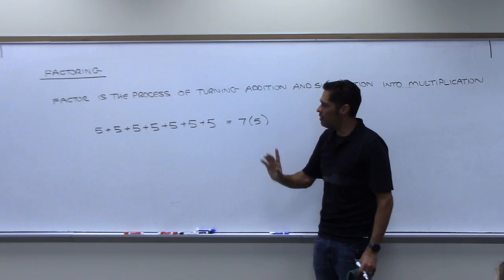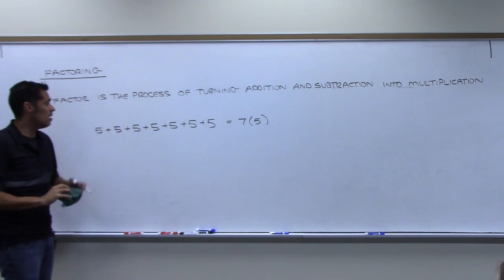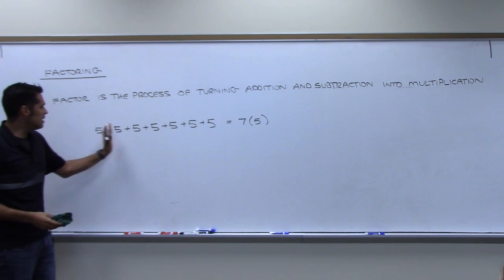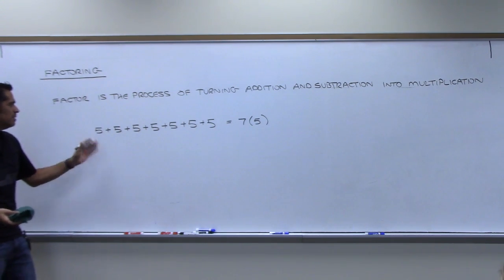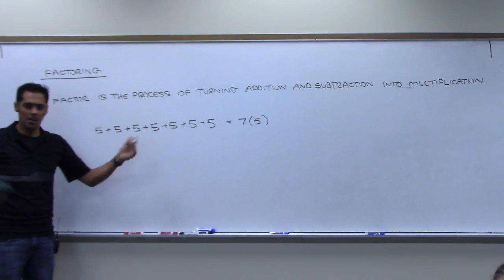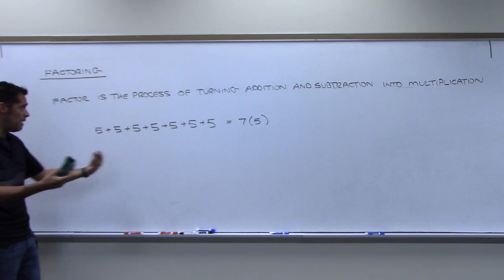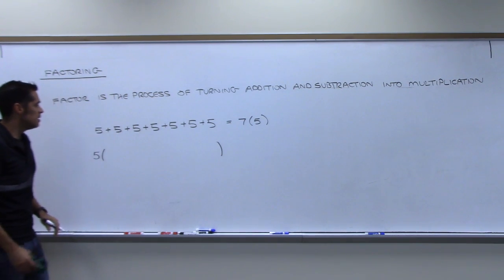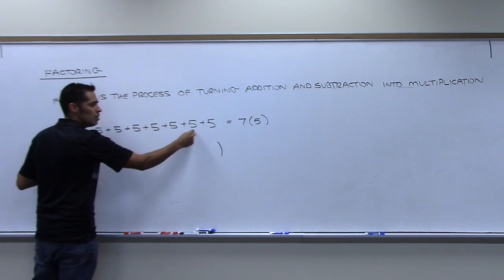Another way we could have done that, and this lies more in line with what we're about to talk about, is I could see that these all have something in common, right? What do these all have in common? It's kind of obvious, but they're all 5s, right? So I could factor out a 5, and then I could put a set of parentheses, and then ask myself how I could recreate each of these terms.